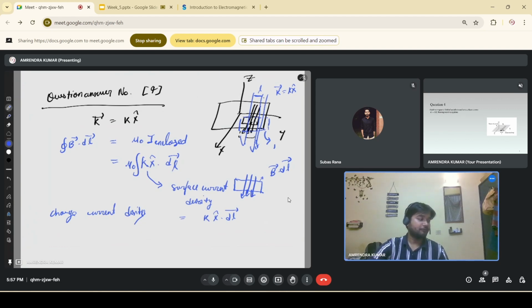So this means that, to this infinite, which is the yz thing, what we have here, the magnetic field will be, okay, this length is L, this length is L. So what we can do is dot dl.